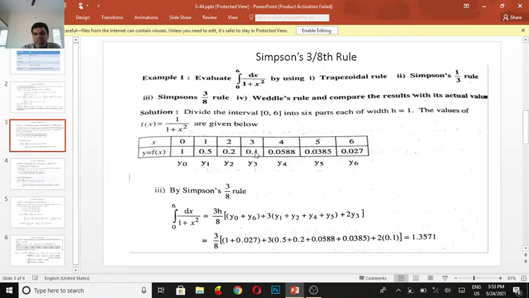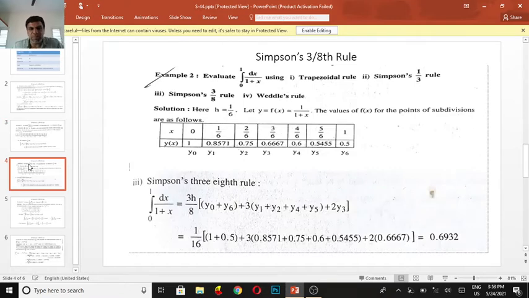So this is y3. Substituting all the values and evaluating, we get the integral of 0 to 6 dx divided by 1 plus x square is 1.3571.